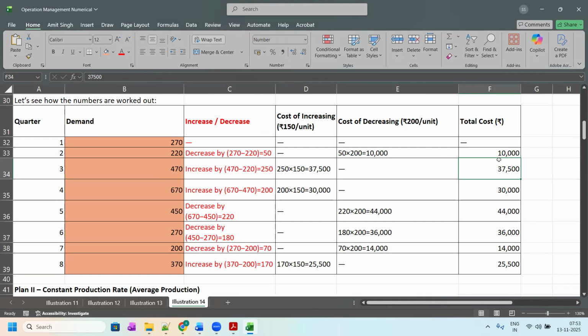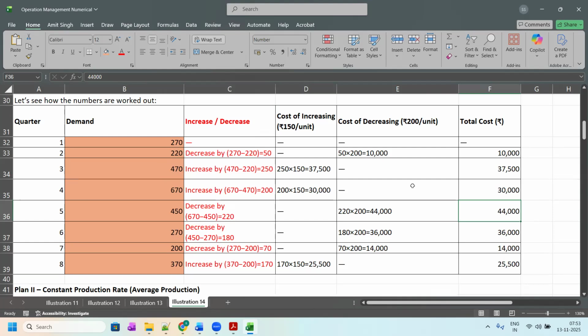So when it goes from 670 to 450, your demand decreases by 220 units, and the cost of decreasing is 200 rupees per unit. So 200 into 220 is 44,000. For each quarter, the increase or decrease of demand is calculated.